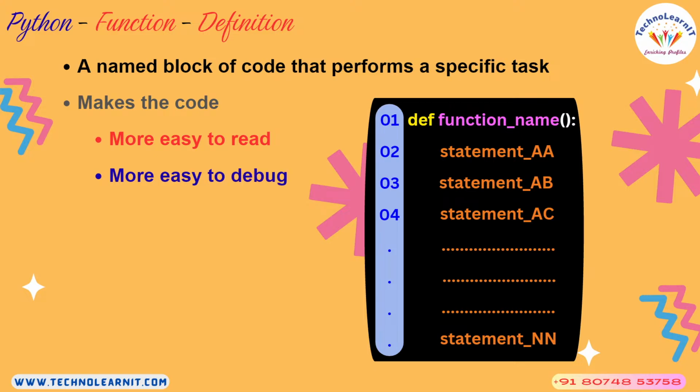The reason being, if there is some problem that you have identified and you need to fix it in the code, you need not focus on all the 1,000 lines of code, but you can just focus on the exact function where the issue is coming from, and correct the code within that function, right? And it is also easy to reuse.